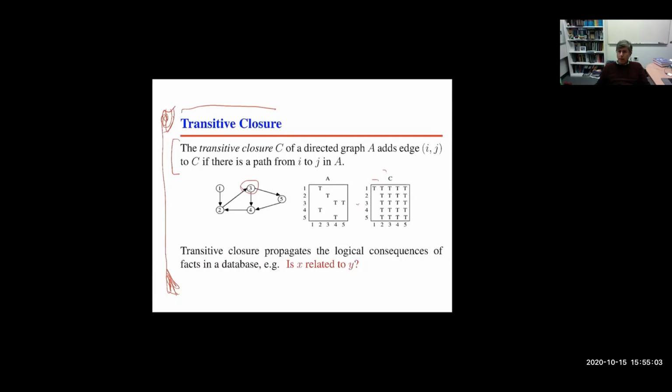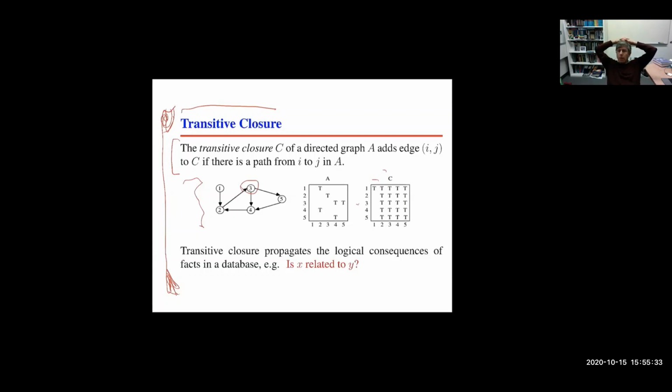It should be clear that we could use Floyd's algorithm to figure out if there is a path from i to j. How would we use Floyd's algorithm to solve transitive closure?